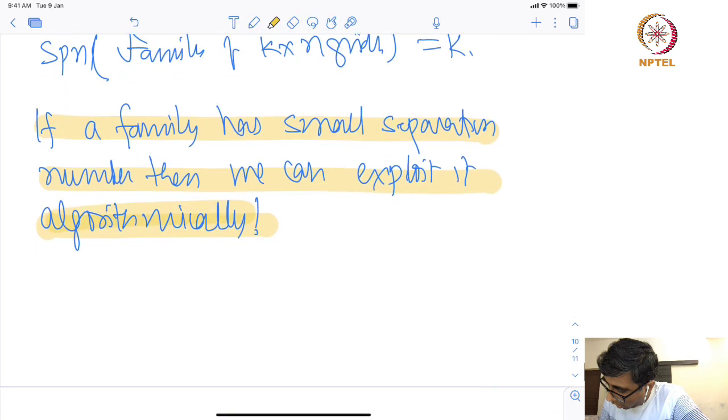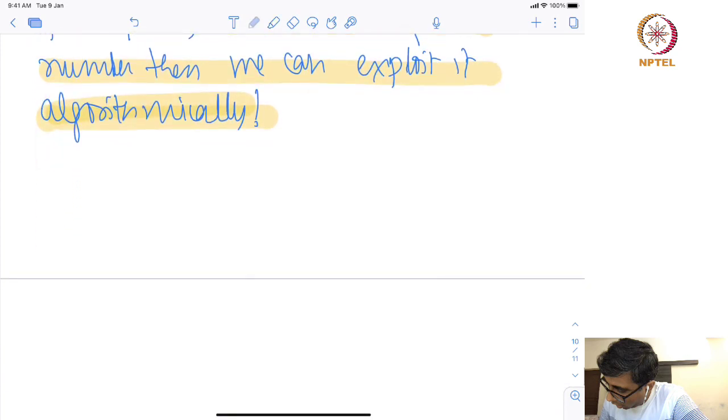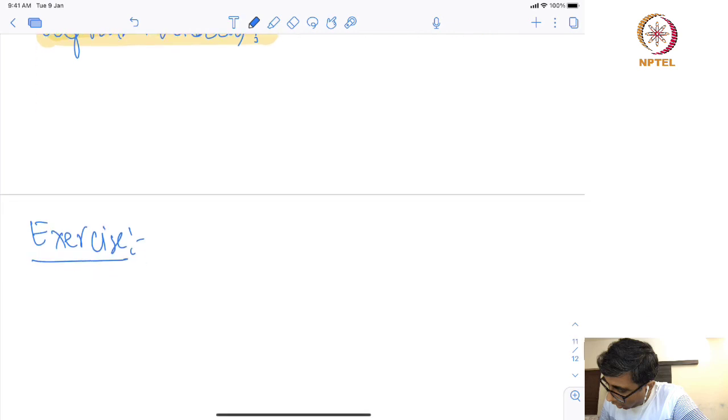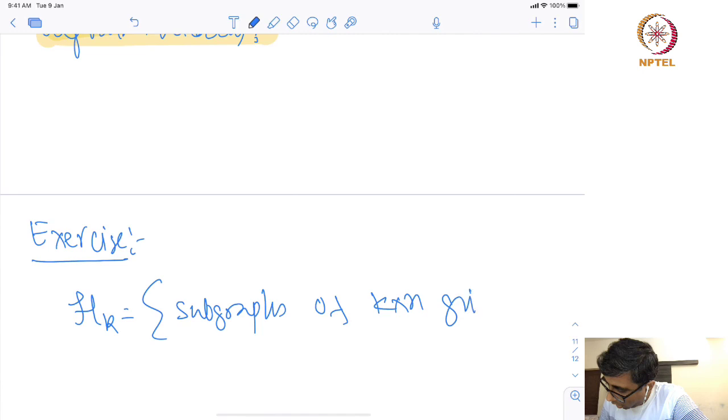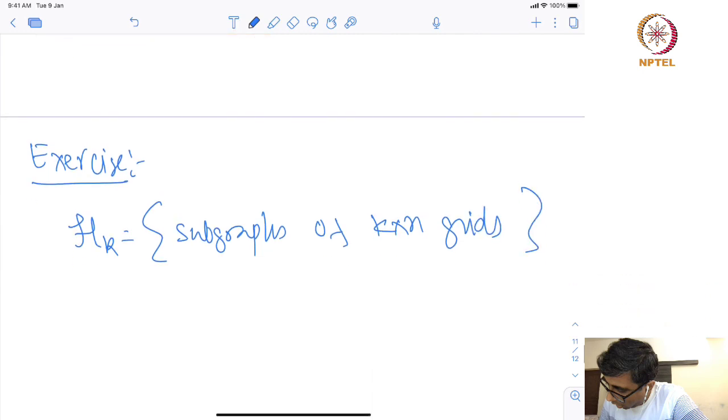Here is an exercise, or convince yourself. Let H_k be subgraphs of k times n grids. Then the separation number of H_k is at most k. And what have we shown?